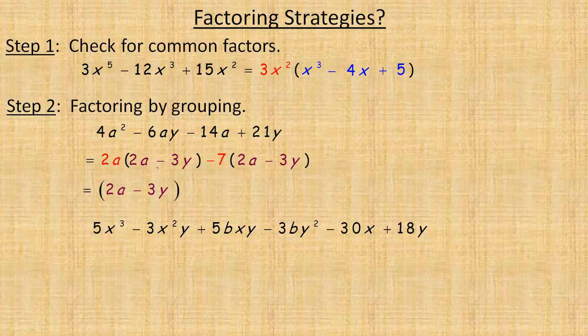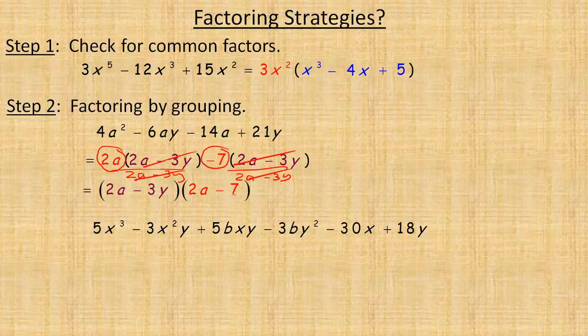When we factor it out, just like I divided by the 3x squared above, you're really dividing the first part by 2a minus 3y, and the second part by 2a minus 3y. So what really happens is that divides out and this divides out, and what you're left with is 2a minus 7, and so that's why that's the other binomial factor.